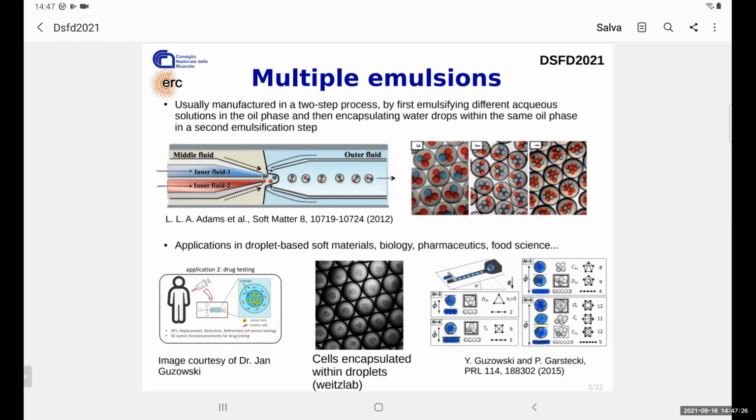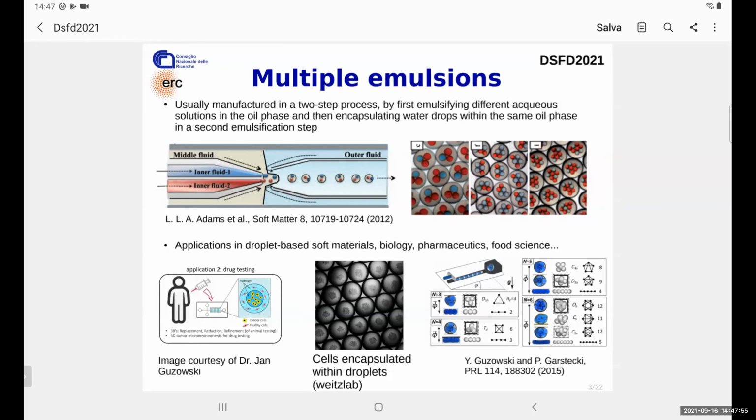They are also used in this very nice example in experiments going on in the VITES lab. The cells encapsulated within droplets in the middle of the panel here. Basically, these are cells which are cultivated and grown within these aqueous droplets, so kind of resembling the structure of the multiple emulsions, and they are embryonic cells.